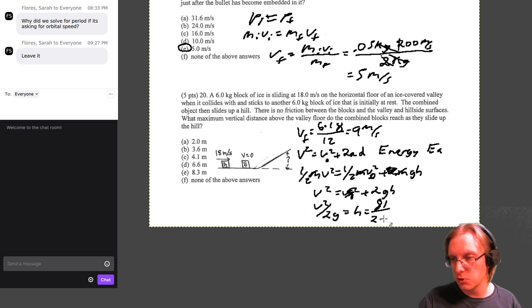Divide by 2 times 9.8. And that is 81 divided by 2 times 9.8, which is 4.13 meters.